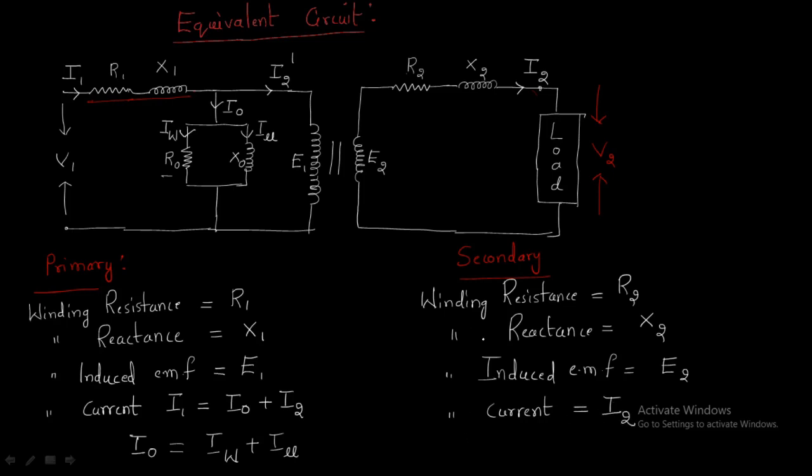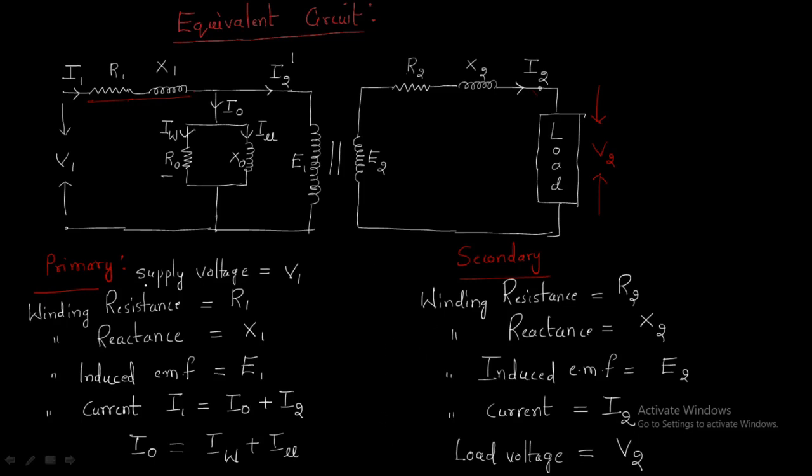On the secondary winding side we have the load voltage, equal to V2. And on the primary winding side we have the supply voltage, that is the input voltage, simply V1. This is about the primary winding side parameters and the secondary winding side parameters.